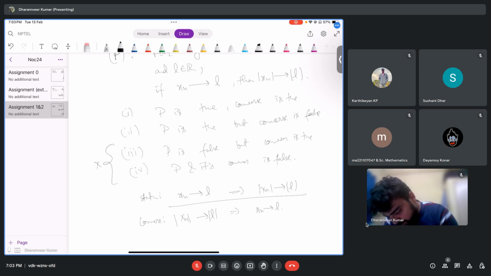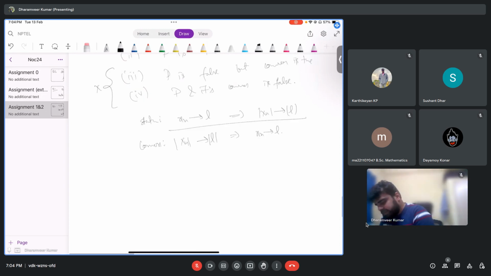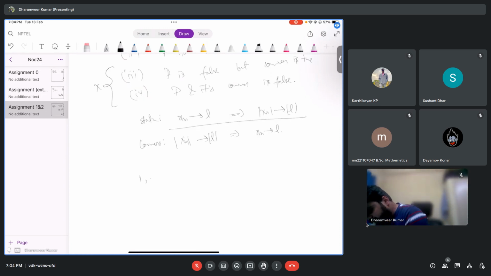How can we get this? Can we think of a counterexample? A very simple counterexample is 1, minus 1, 1, minus 1, 1, minus 1. This could be the xn sequence.